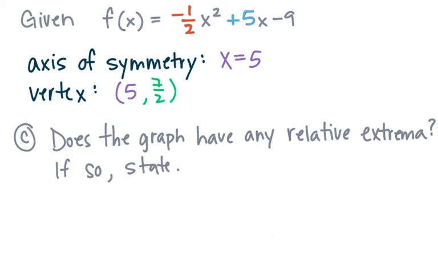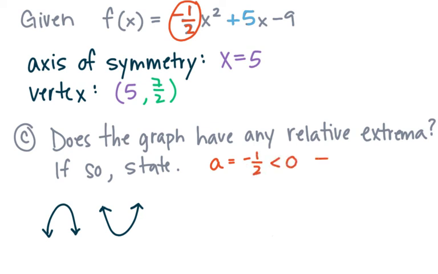We are dealing with x squared, which means the graph of this is a parabola either opening down or opening up. And how do we know which direction the graph is opening? Since that leading coefficient, a, which is negative 1/2, is less than 0, that lets me know the graph opens down.